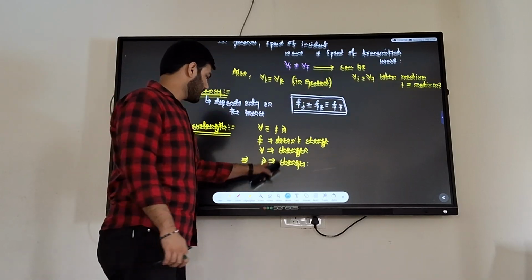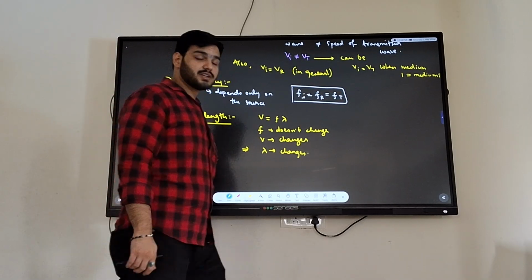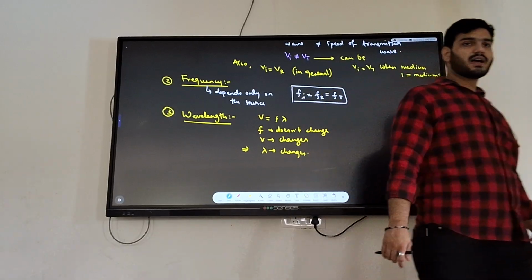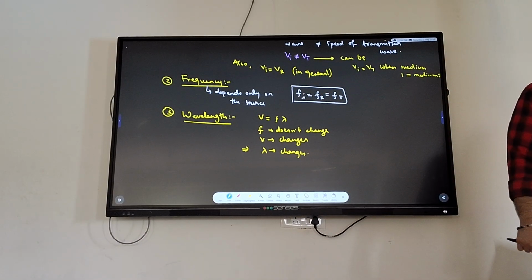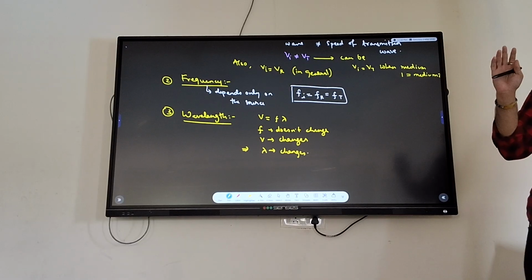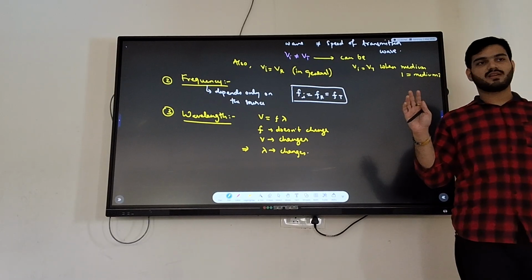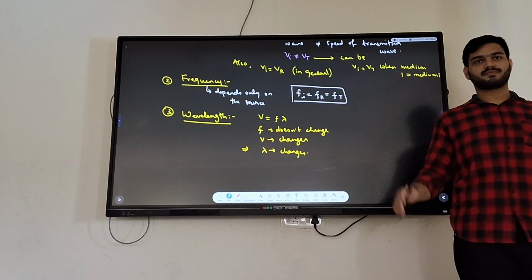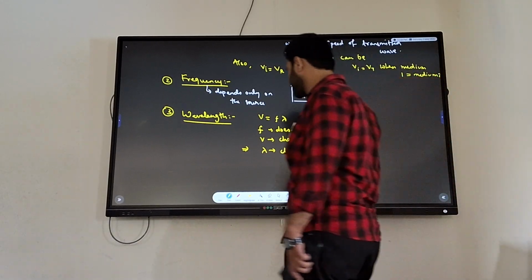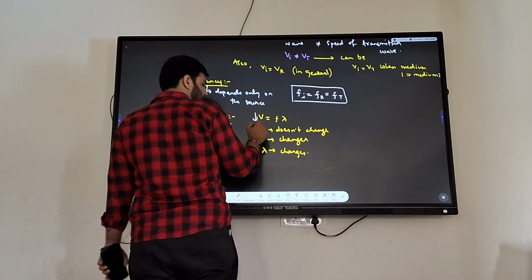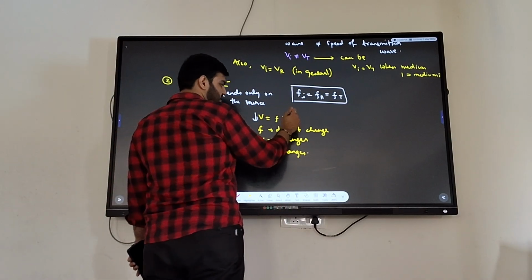Now, by the way, I should also ask you, what will happen as a wave goes to a denser medium? Will the wavelength increase or decrease? Increase? Speed decreases. How many of you are in favor of the increase? What about decrease? It should decrease, na? Because if V equal to F lambda, V is decreasing as you go into a denser medium, that means lambda is decreasing.